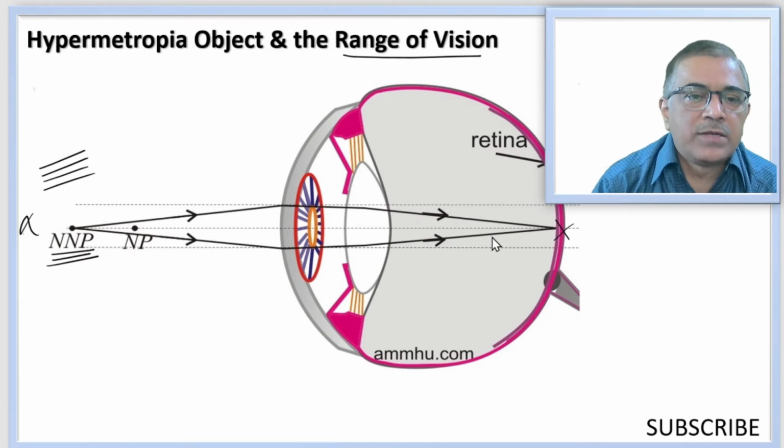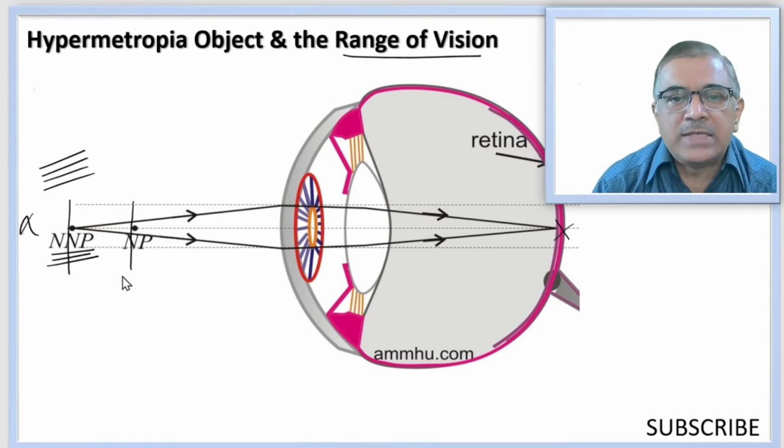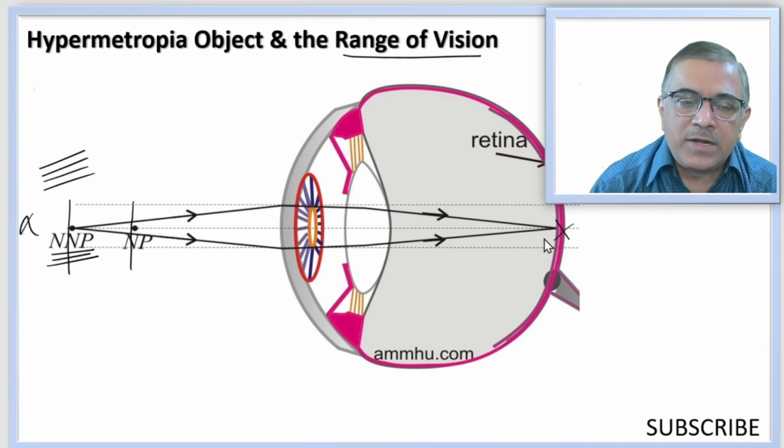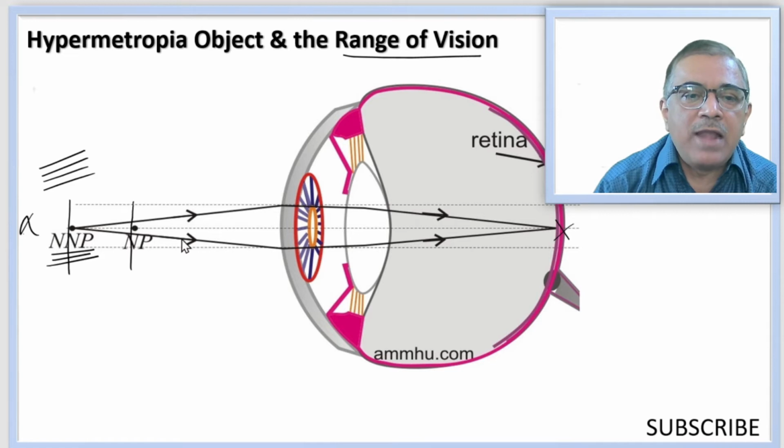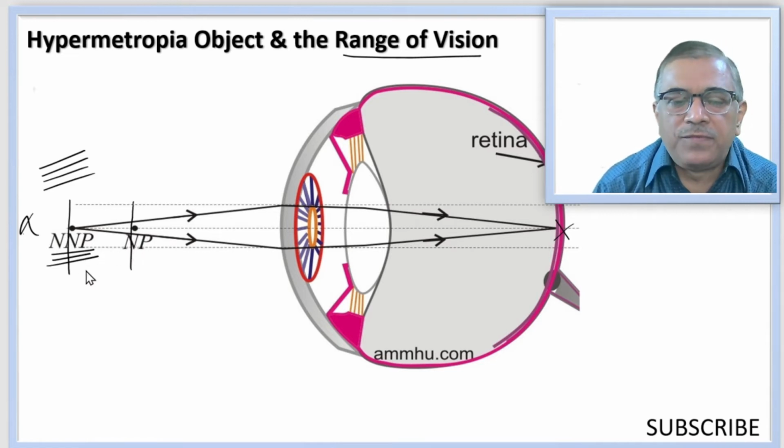And if the objects happen to be between the eye and the near point, the eye lens is not able to focus them at the retina. That is why the person will not be able to see any object that lies between the eye and the near point. Let's try to find out the power of accommodation for a person who is suffering from hypermetropia.